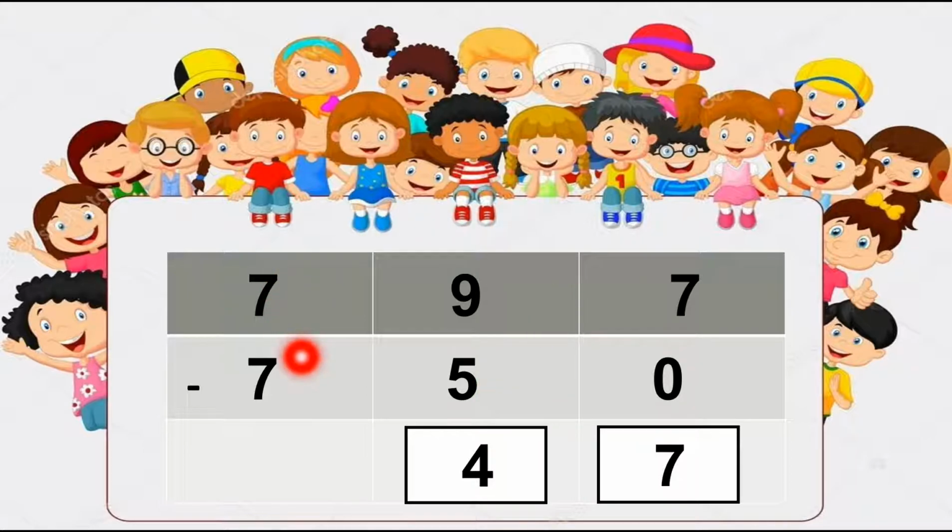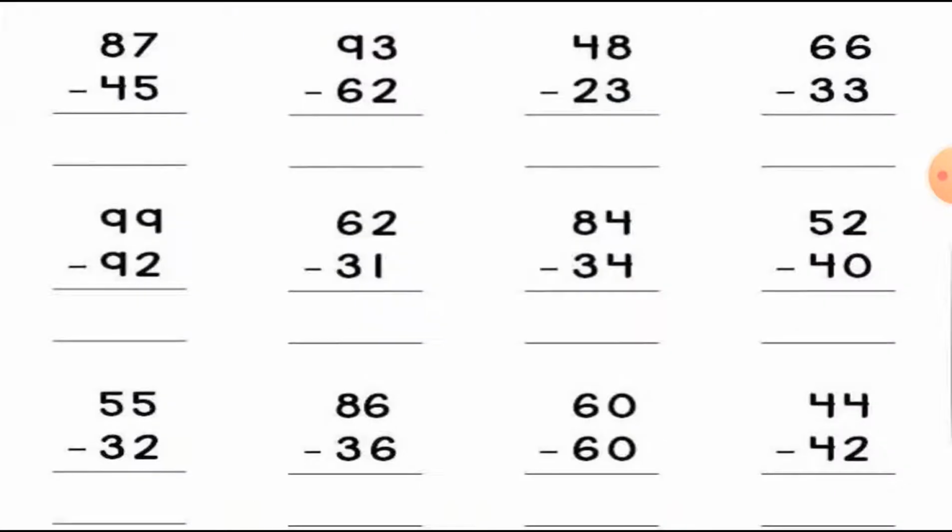Now let's move to the hundreds column, 7 and 7. These numbers are equal. So 7 minus 7 is equal to 0. So the answer of this sum is 47.